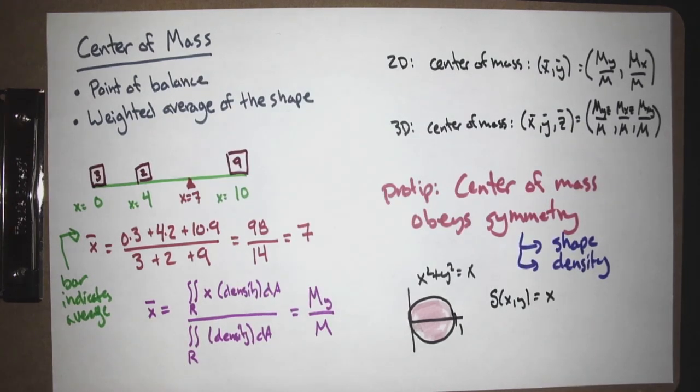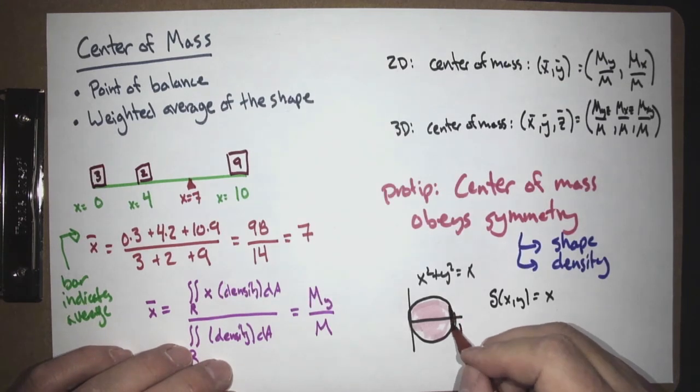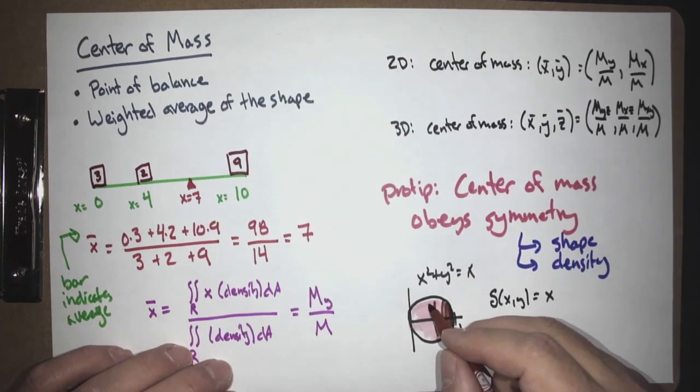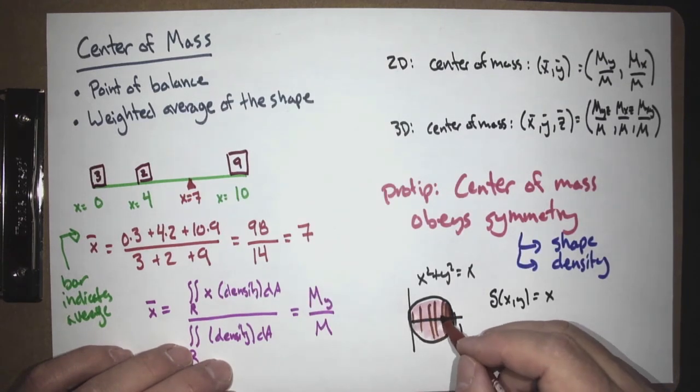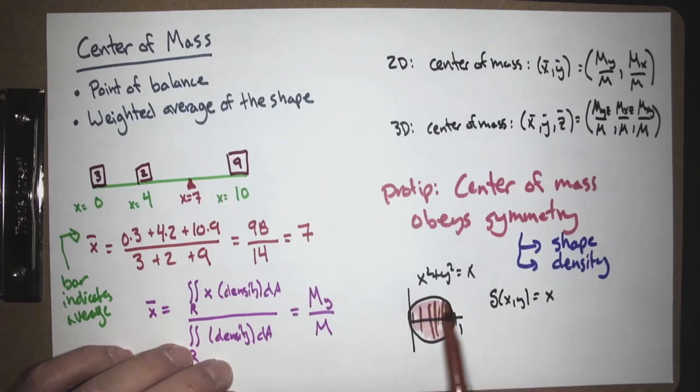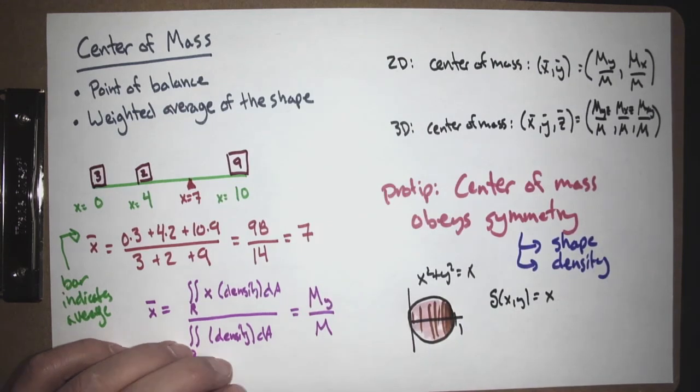What is that telling us about this shape? Can we say anything about the center of mass at this point? It's closer to 1, right? Because in some sense it's denser here, but then it starts getting sparse on the other side. So there's more density to the right than to the left.